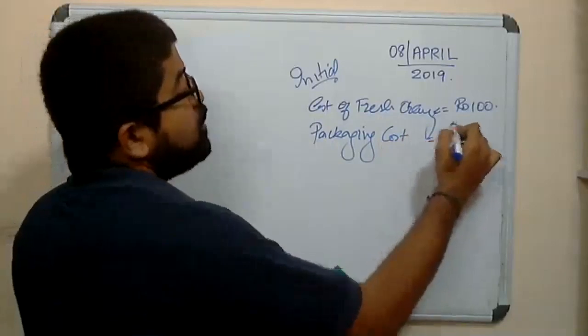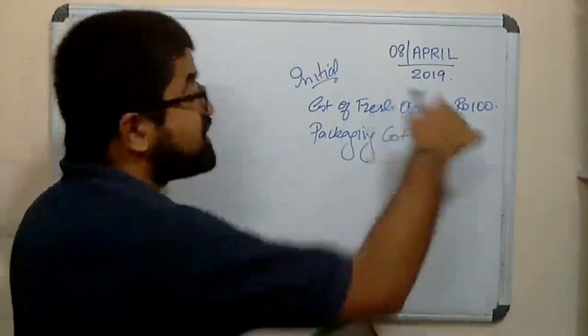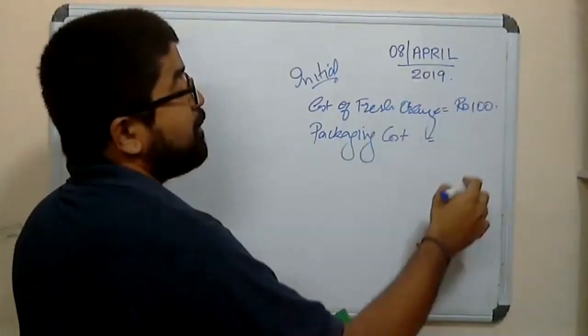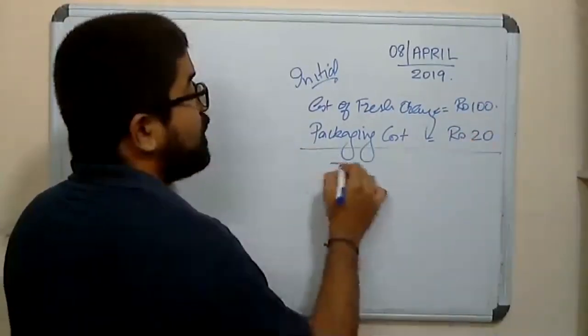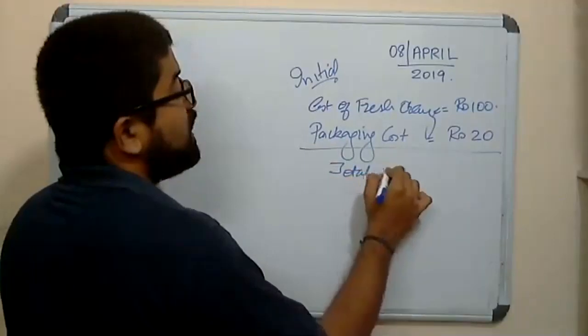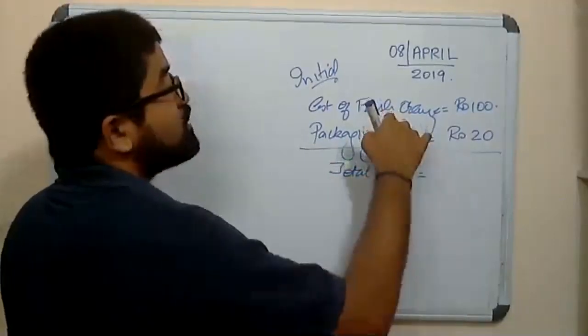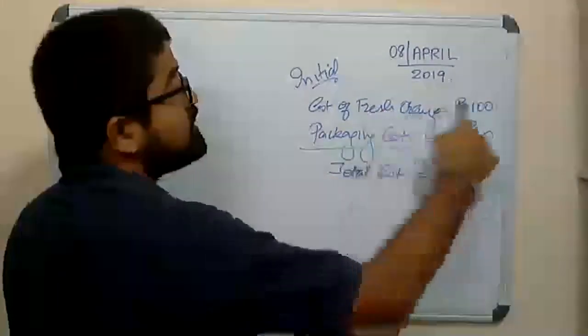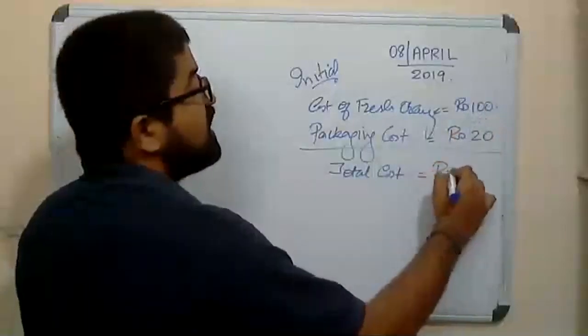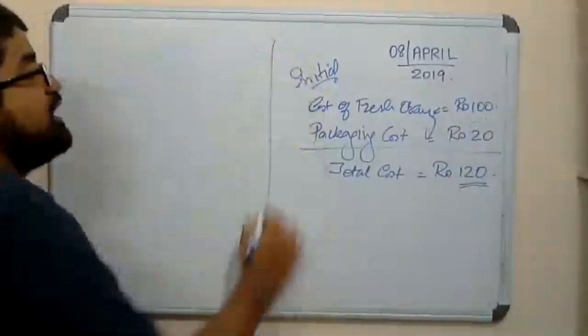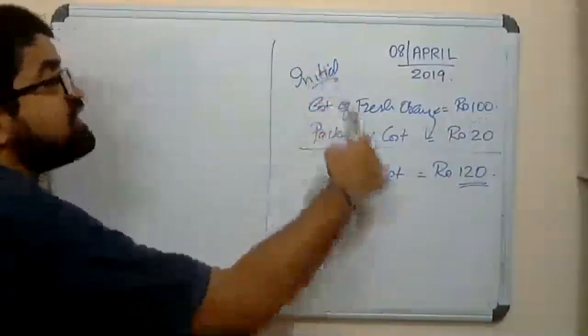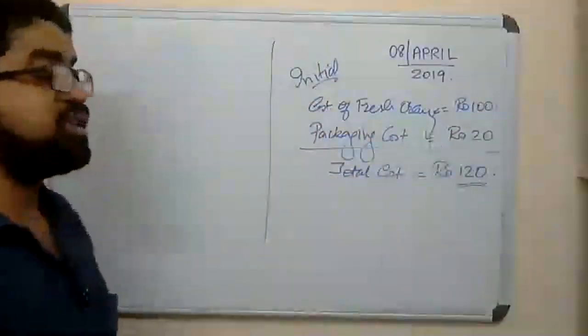That value comes to 20% of this cost, that is 100 into 20 upon 100, that value comes to rupees 20. So from this, I can now find the total cost, that is equal to the cost of the fresh orange plus packaging cost, that will be 100 plus 20, that comes to rupees 120. So in the initial case, the total cost comes to rupees 120.